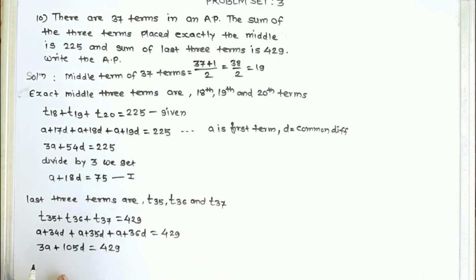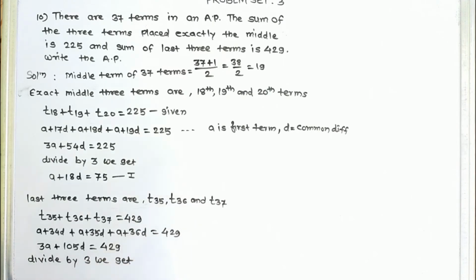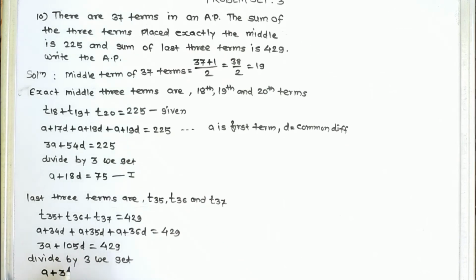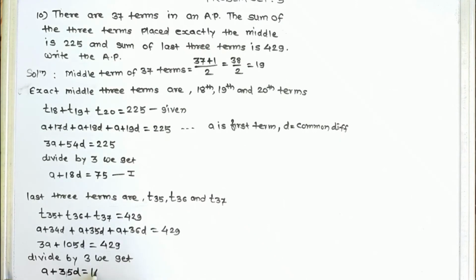Here we can also divide by 3. We get a plus 35d equal to 143. So this is our second equation.